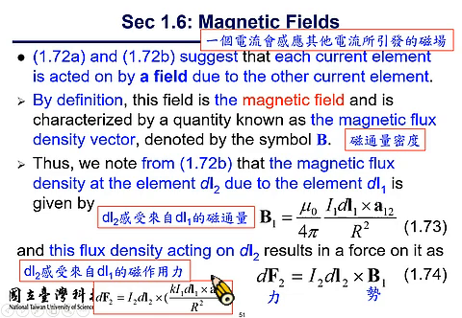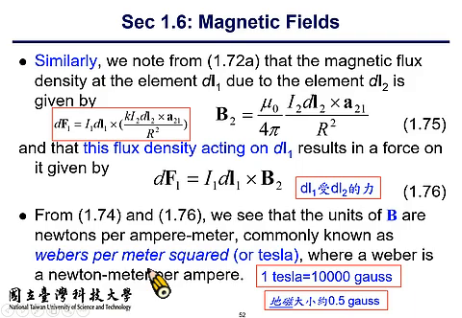Then F2 can be rewritten as the cross product of your observation current, that is I2DO2 cross B1, the magnetic flux density produced by I1DO1. So here's an alternative way to express the magnetic force using the concept of a magnetic field or magnetic flux density.